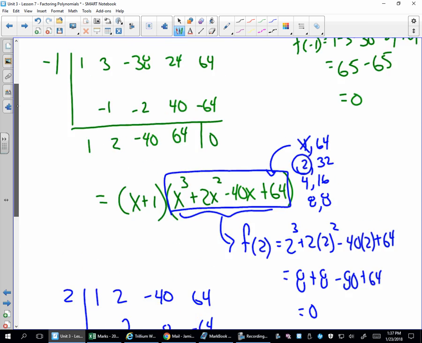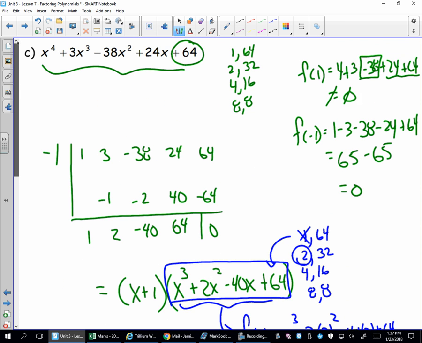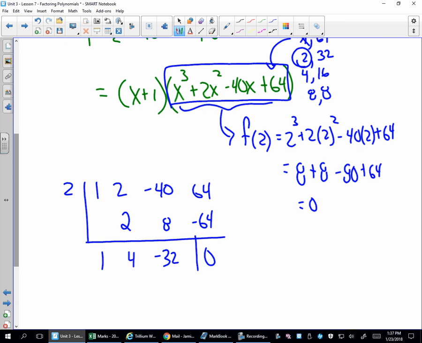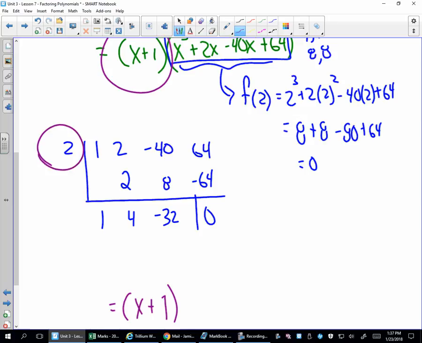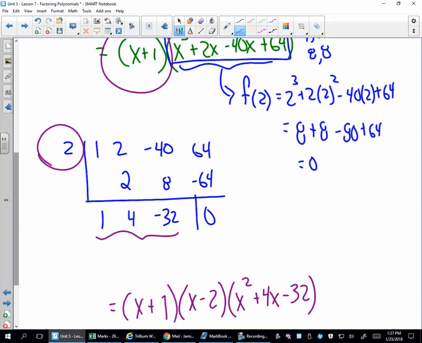The big question we started with, way up here. This function is made up of x plus 1, this new function, which is x minus 2 now, and all of this stuff: x squared plus 4x minus 32.